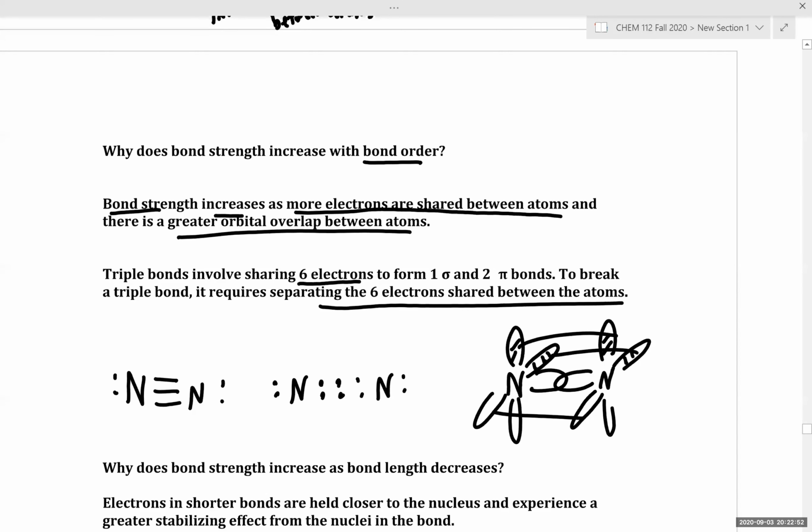And as we see, because we have 3 orbital overlaps, 3 bonding interactions, it takes a lot of energy to break these very strong bonds, to break these bonding interactions between our orbitals. Does that make sense to everyone? Why larger bond order, harder to break bond?